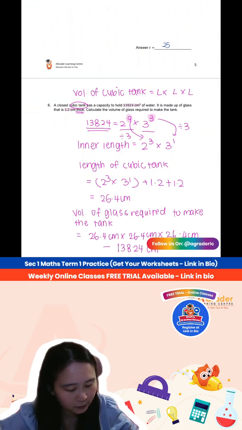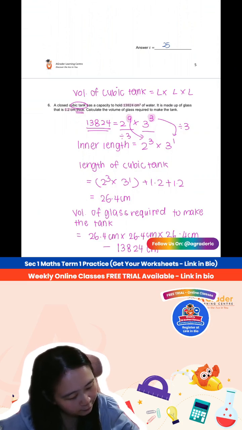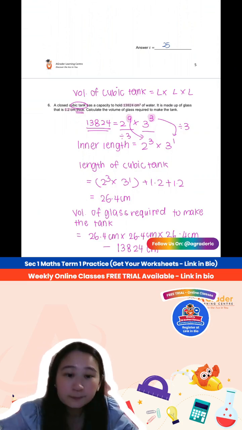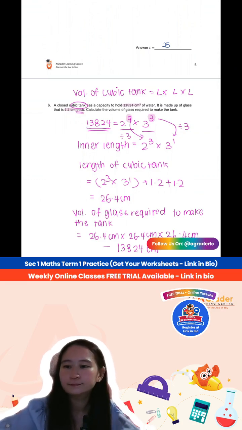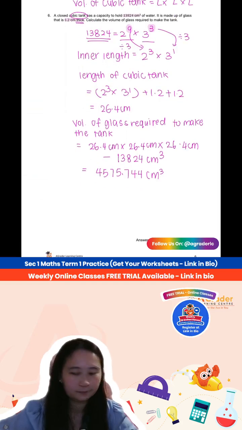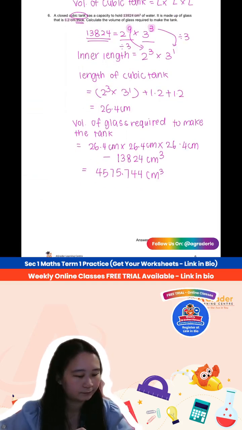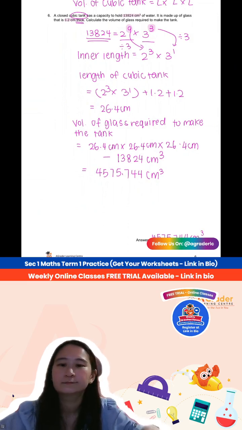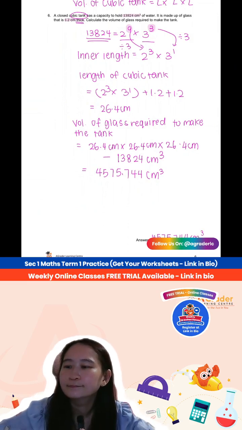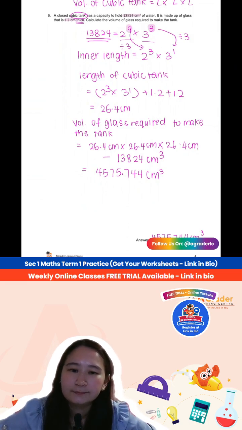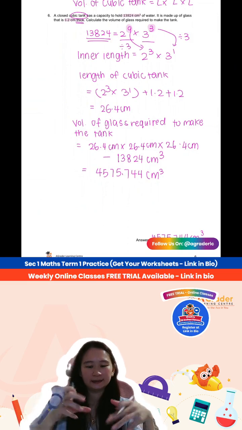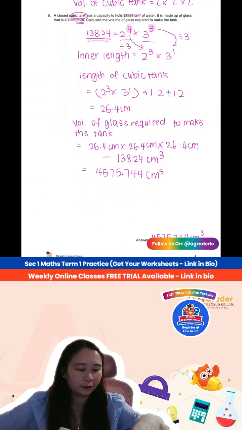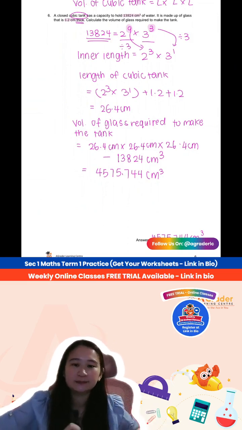Okay, then you get 4,575.744 cubic centimeter. Because the inside doesn't have the glass, so you have to minus away the space.